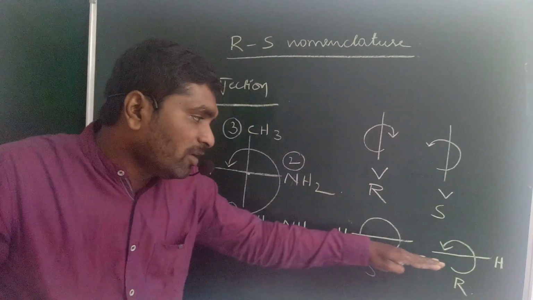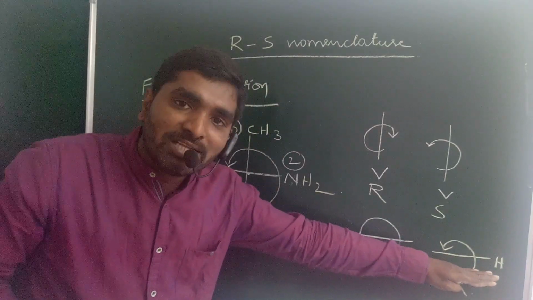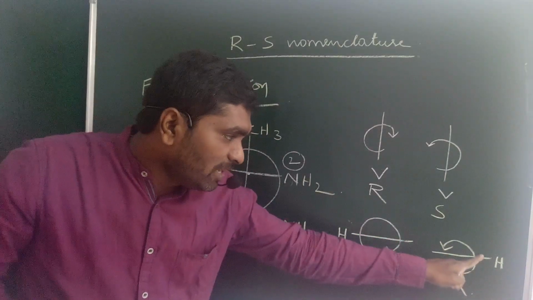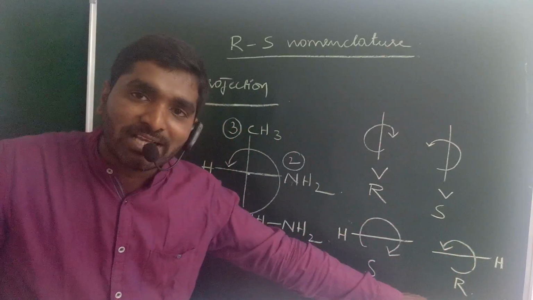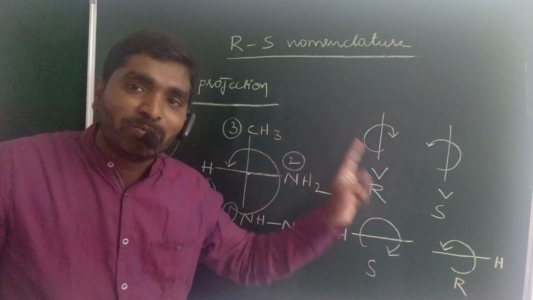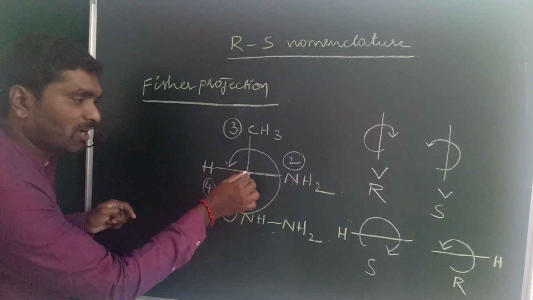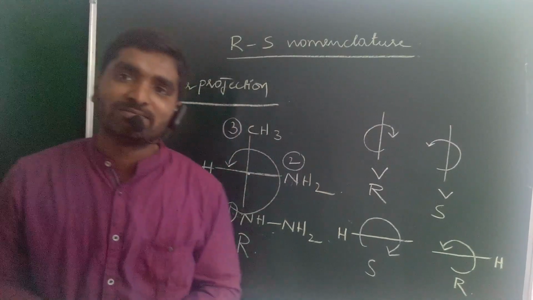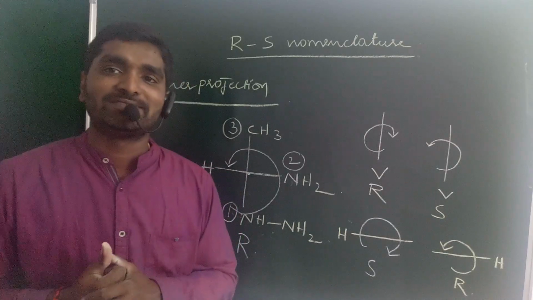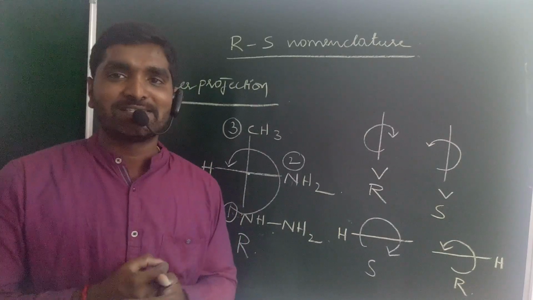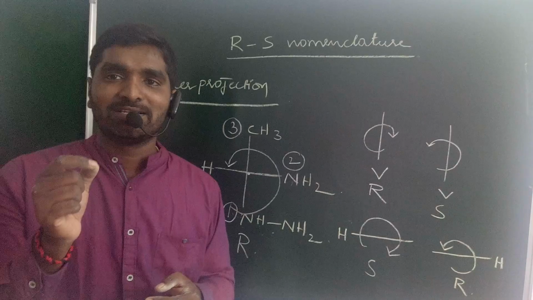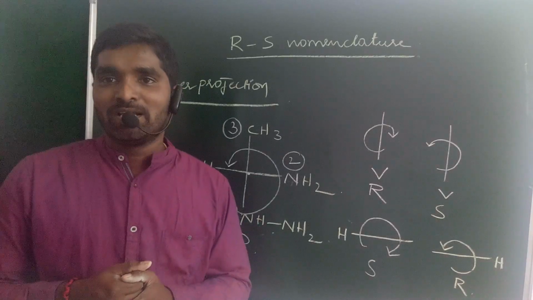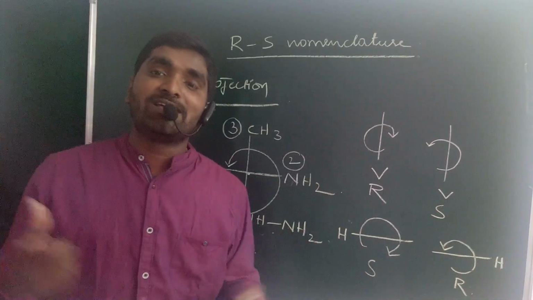If the least priority group is on the horizontal line and the remaining groups rotate in anti-clockwise direction, the configuration should be R. That means the compound configuration should be R. Simple one guys. Easy trick. You can explain with another example.